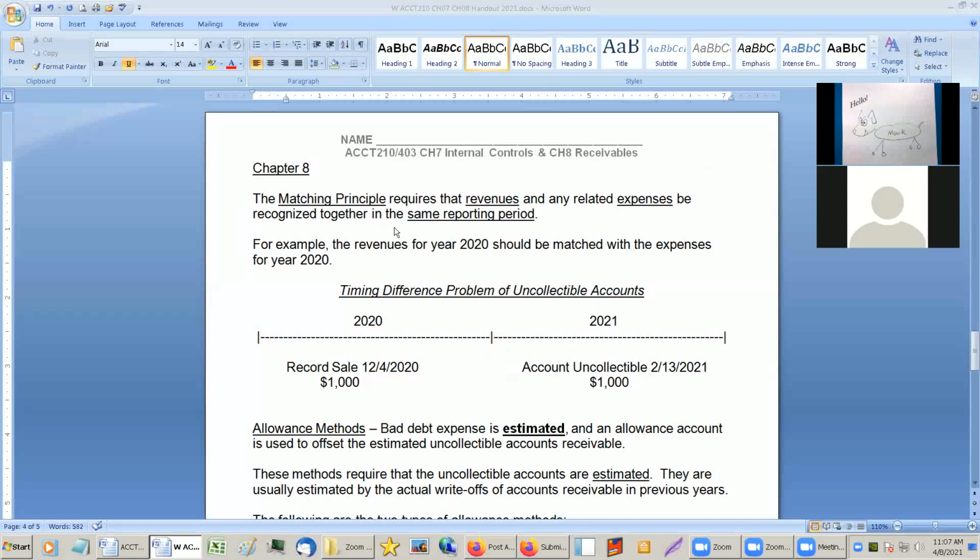All right. In accounting, we have a thing called the matching principle. The matching principle is that you match your revenues and the related expenses in the same period. It's one of those things that's so obvious that it might seem a little odd to have a rule for it. But for example, revenues in 2020, you match with the expenses for 2020.